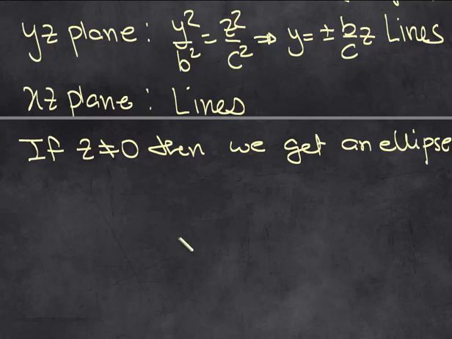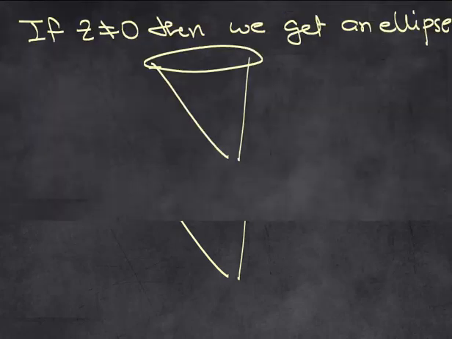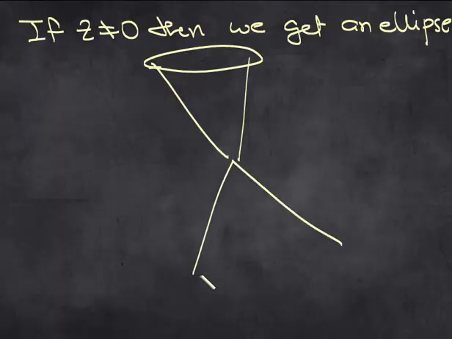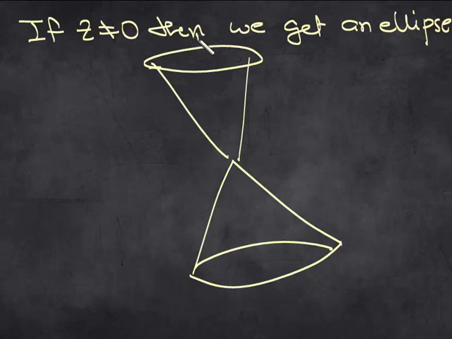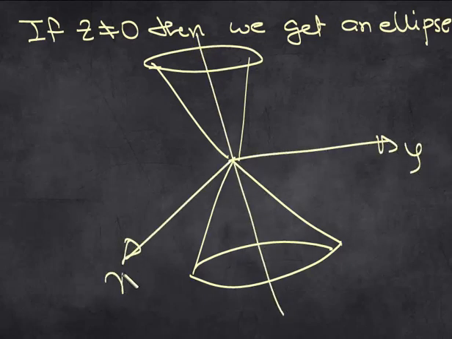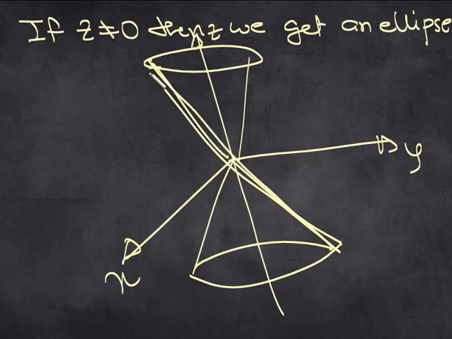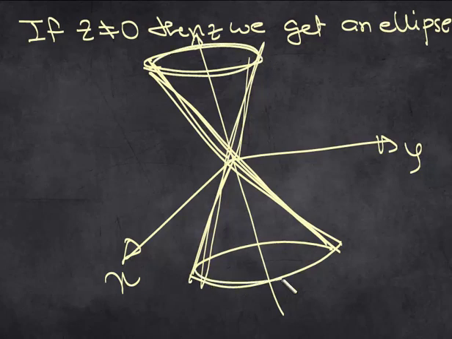So in this case, we just get a cone, a double cone, except it's oval, not circular. So it looks something like this. This is Y, this is X, this is Z. So we just get an oval cone because you can see these are the lines that we got in the other direction. You remember we got lines in 2 directions, and then we got ovals on the top and the bottom.